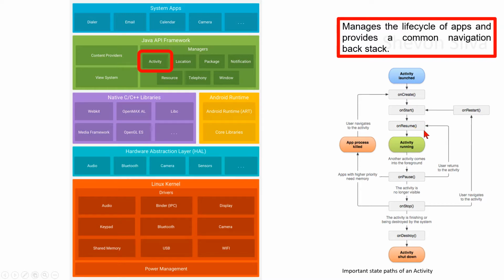Then we can go to onResume. It's called when the activity will start interacting with the user. At this point, your activity is at the top of its activity stack with user input going to it, always followed by onPause.